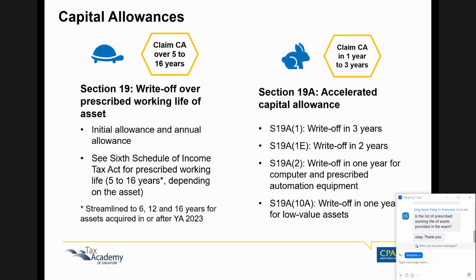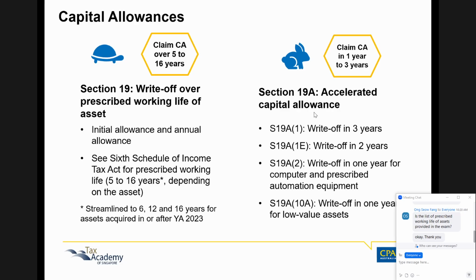For the accelerated capital allowance, we won't give you a schedule of which section is how many years. Like I said last week, you don't need to quote the section for question 1 and question 2. But you need to know what are the available capital allowances, the accelerated type, because if you read the exam questions, in tax computation we ask you to do accelerated capital allowance.